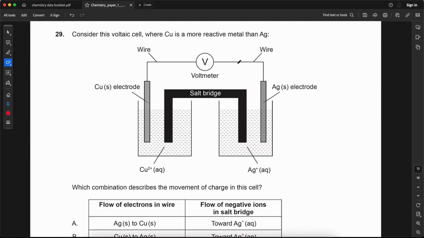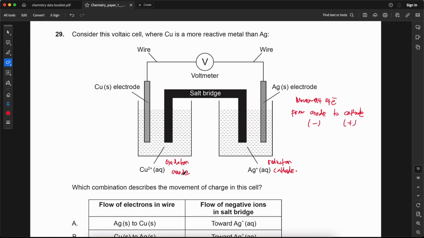Consider this voltaic cell where Cu is a more reactive metal than Ag. So Cu will experience oxidation, and that would be the anode, and this one will be reduction, and that would be the cathode. Okay, so for a voltaic cell, the movement of electrons is from anode, the negative electrode, to cathode, the positive electrode.